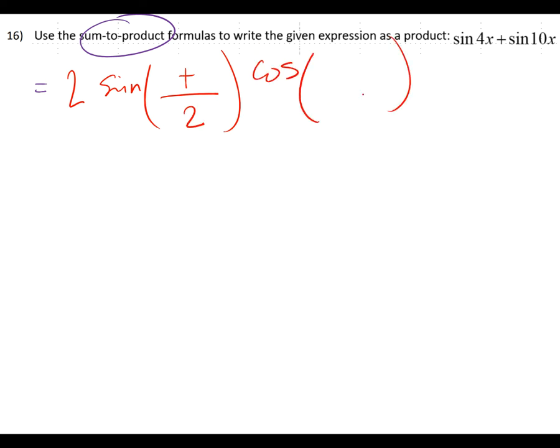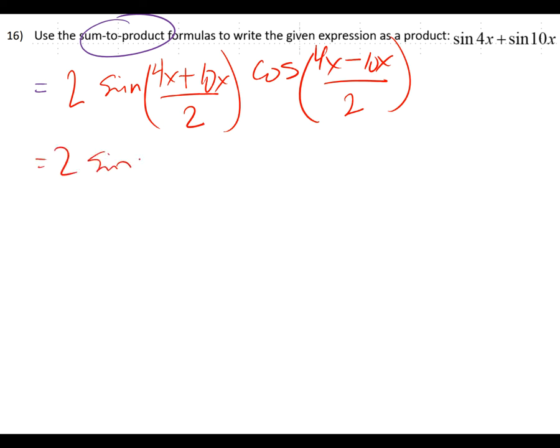Cosine, and what operation? Minus over, then what do I do? Plug in what? 4x and 10, those angles, right? Those are the angles. Okay, now we're combining like terms.